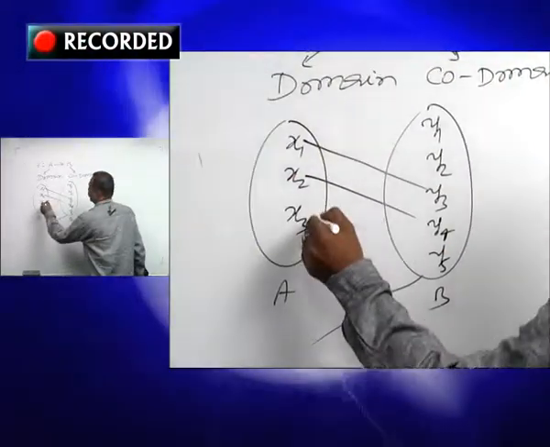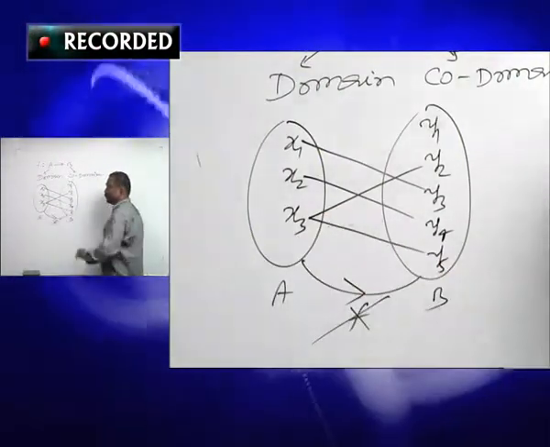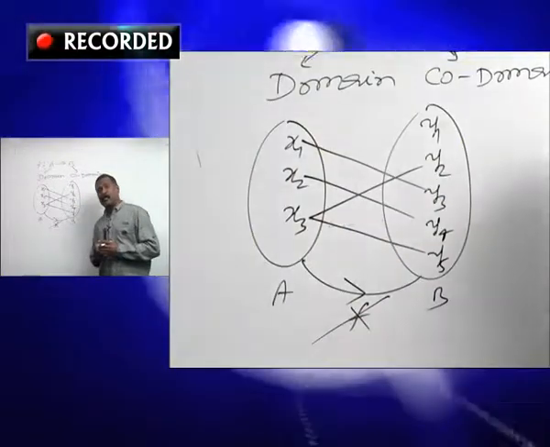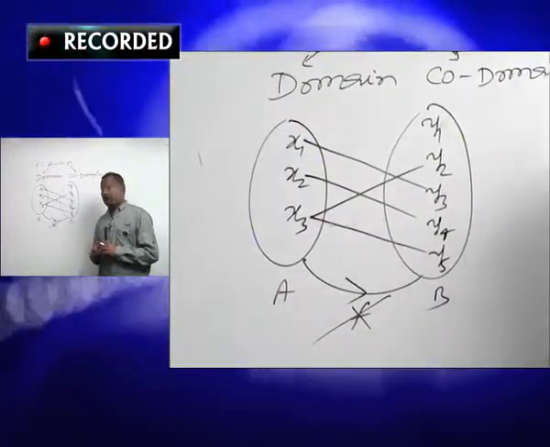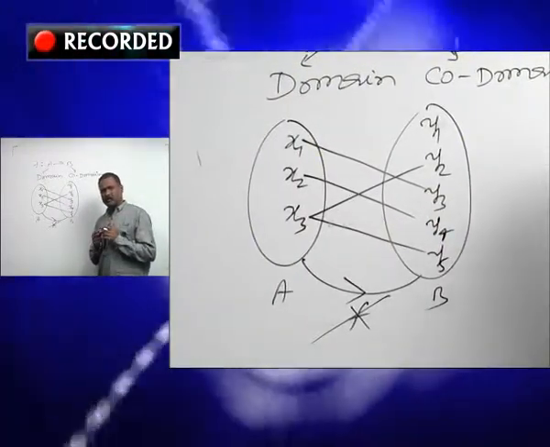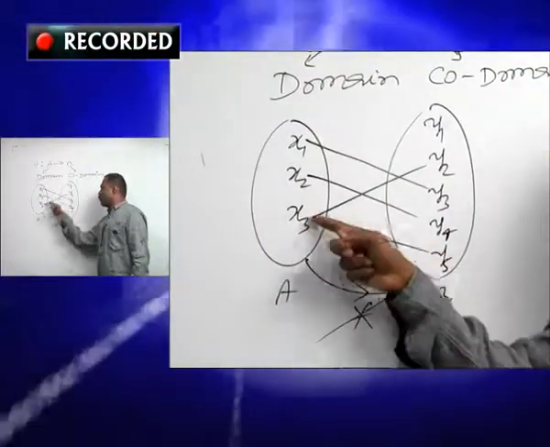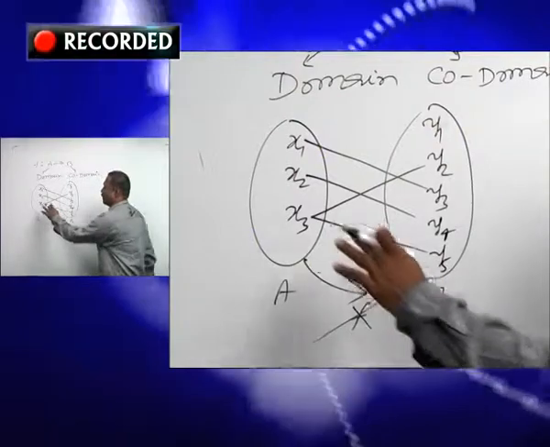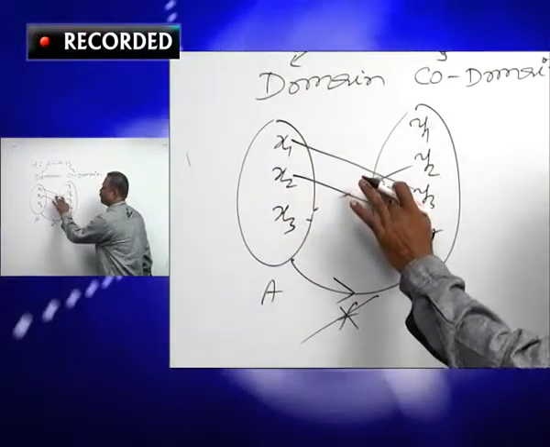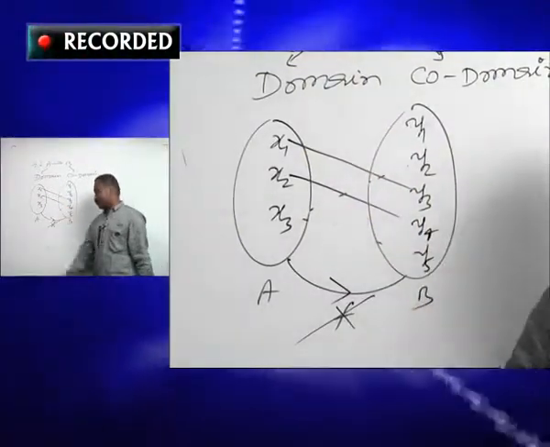If any element of domain has more than one association, then also it is not a function. These are the two things you have to remember. You have to remember what is not a function. If any element of domain has more than one association, then it is not a function. If any element is left without association, then also it is not a function.